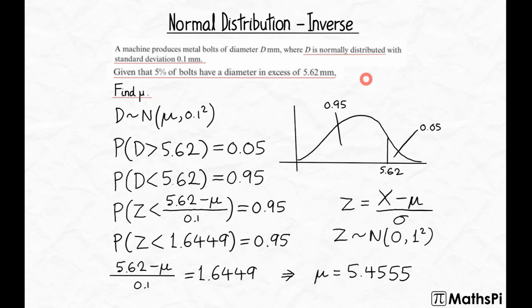So any question where the mean or the standard deviation is unknown, you should be able to follow this process that will then lead you to an equation that will involve either your mu or your sigma, or your mean or your standard deviation, and then you should be able to work them out from there. But obviously the key, as I just said, is to standardize so you can use the inverse function, and when you standardize, you get that the mean used in the calculator will be 0, and the sigma used for the standard deviation will be 1.